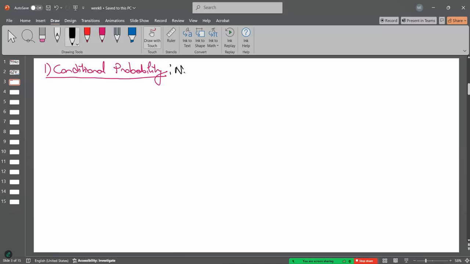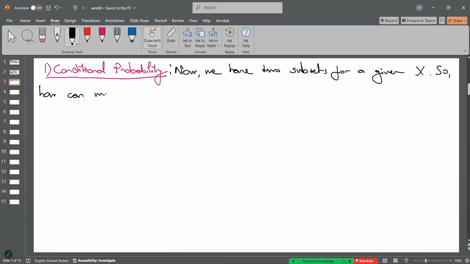Now we have two subsets, C1 and C2, in here for a given x. Okay? So how can we connect these two classes?